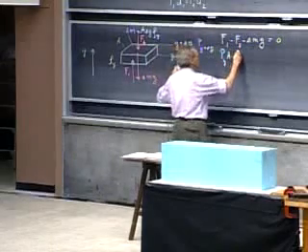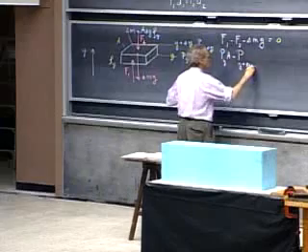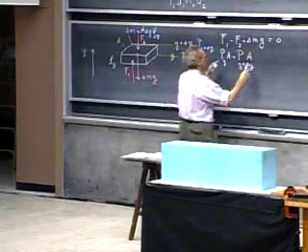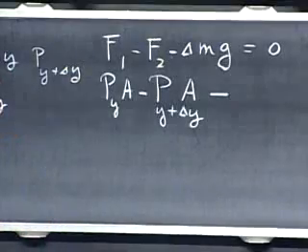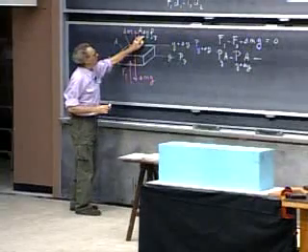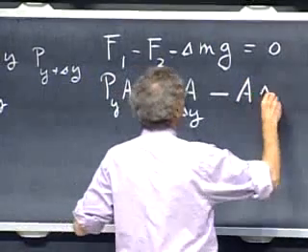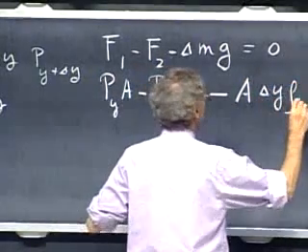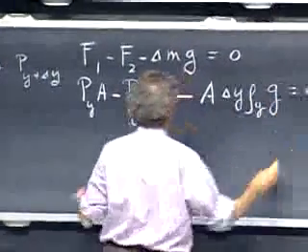And F2 is P at level y plus delta y times the area, minus delta m, which is A delta y times rho. So I get minus A times delta y times rho, which could be a function of y, times g, and that equals 0.